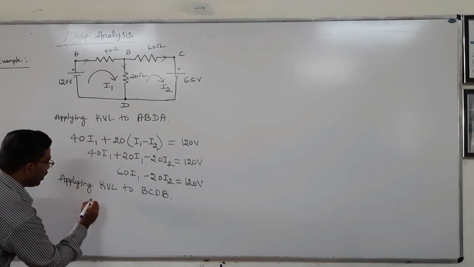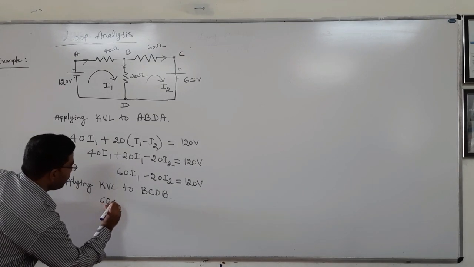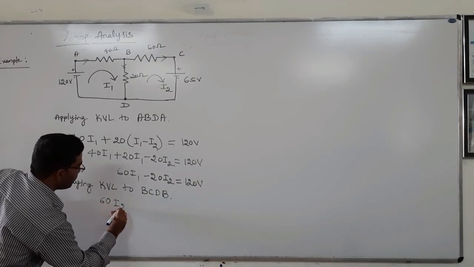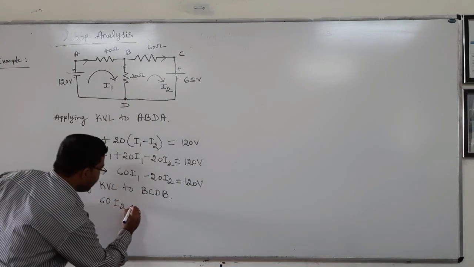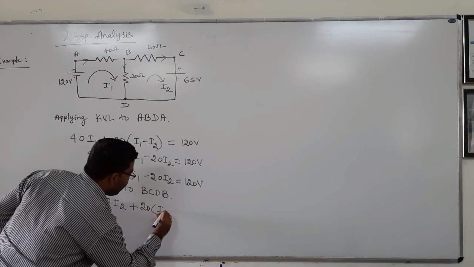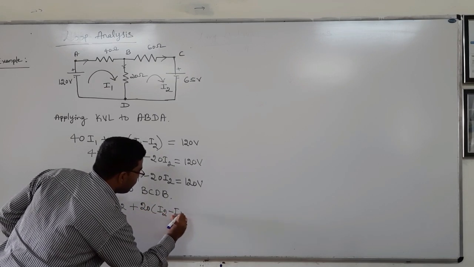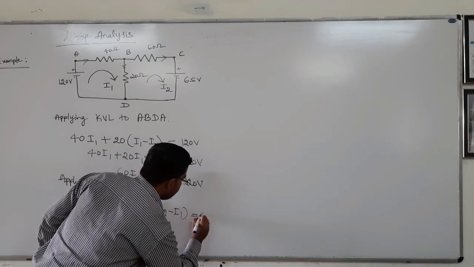Okay. So according to that, 60 I2, then 20 plus 20 (I2 minus I1) is equal to 65 volt.